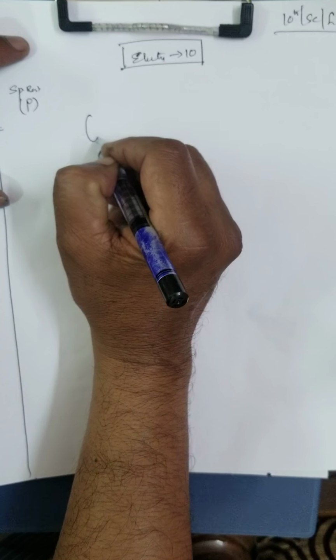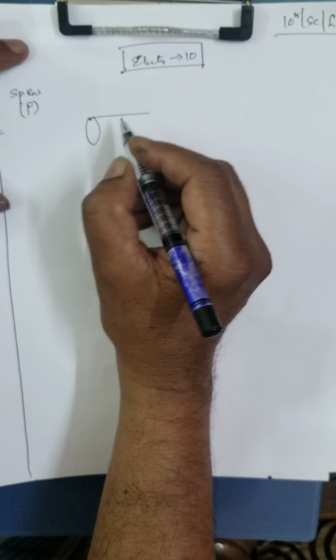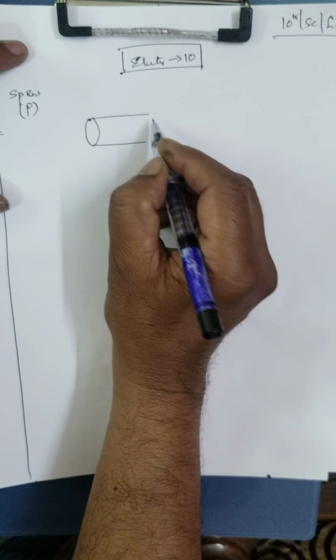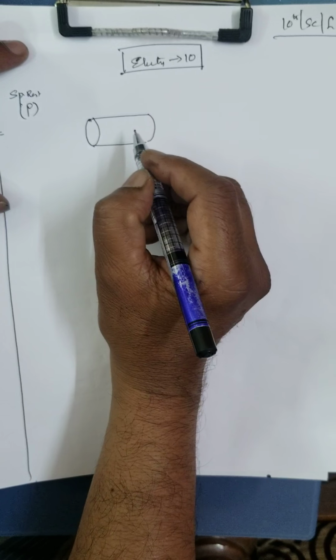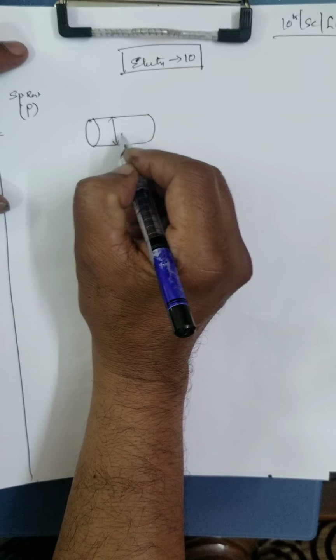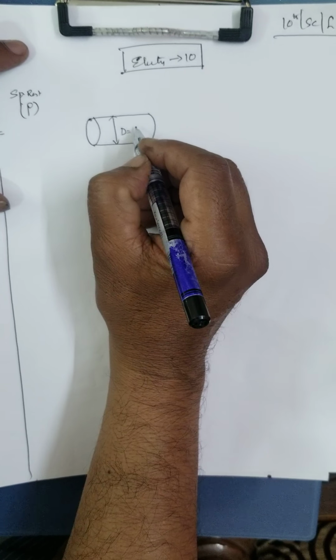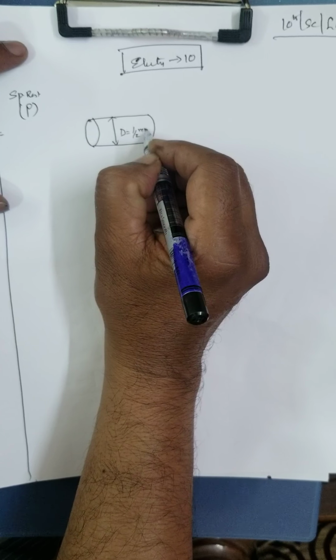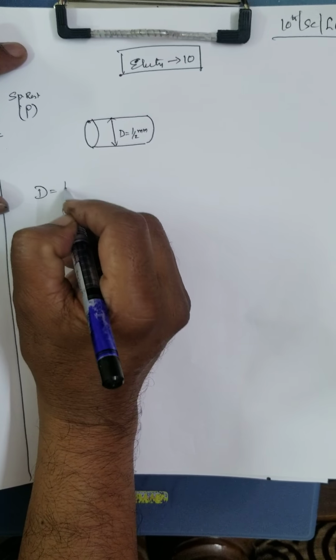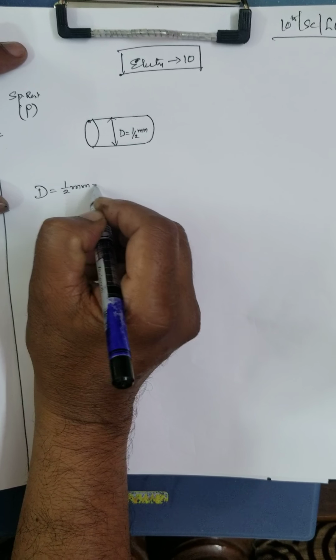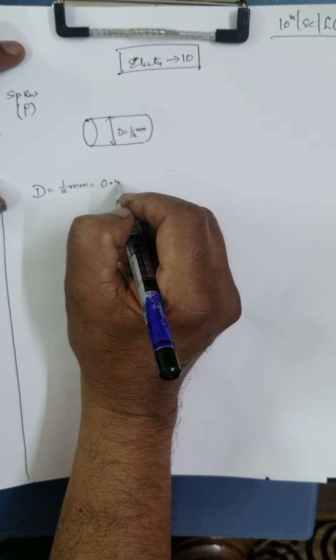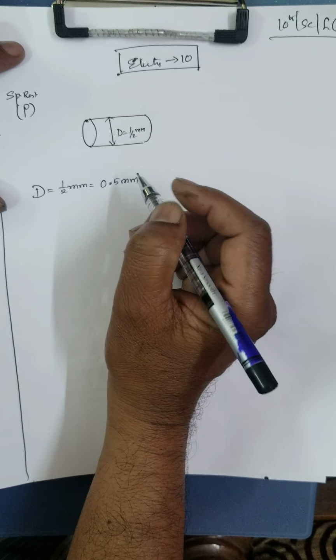See, there is a copper wire, and the diameter of the wire is equal to half millimeter, or 0.5 millimeter.